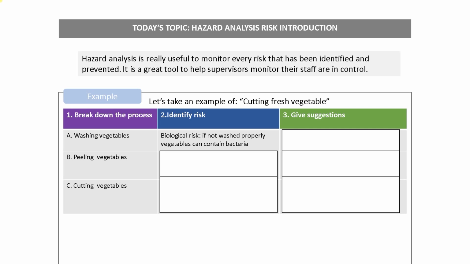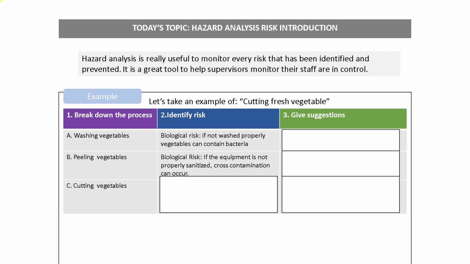Regarding the second breakdown of the process, which is peeling vegetable, the risk that can occur is as well biological risk. If the equipment is not properly sanitized, cross-contamination can occur.